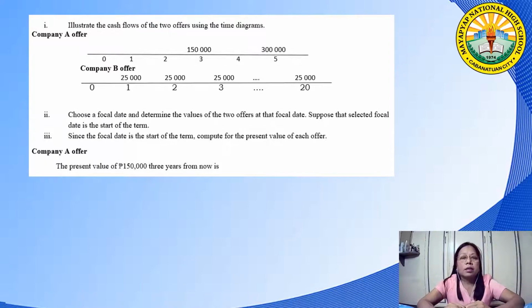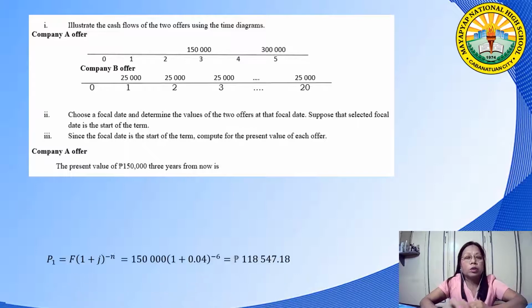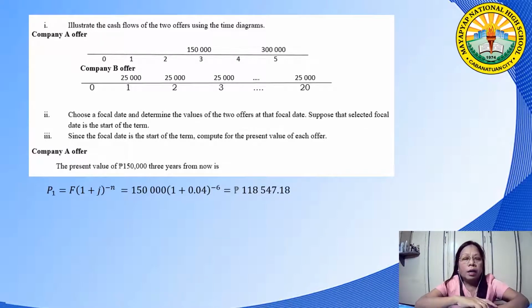Since the focal date is at the start of the term, you compute for the present value of each offer. For the company A offer, the present value of 150,000 pesos 3 years from now is computed using the formula for finding the present value at compound interest.